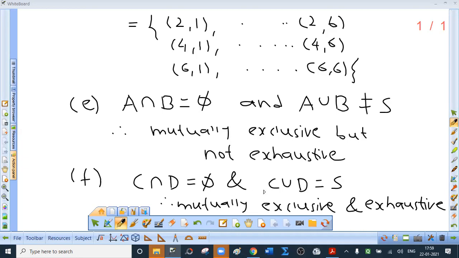So yes, C and D are both mutually exclusive and exhaustive. Or otherwise just see whether something is common or not. You will notice that not a single element is in common, so mutually exclusive. And if you find the union, you will notice that you have got sample space, so exhaustive.